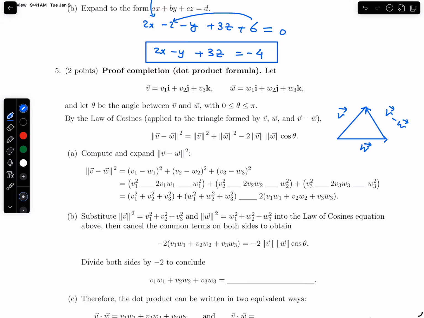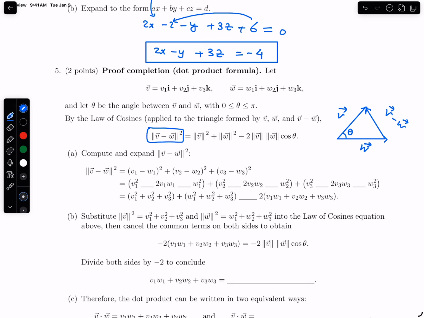So now if I'm taking this angle theta between these two, then the law of cosines says that the magnitude of v minus w squared, like this one squared, is the magnitude of this one squared plus this one squared minus 2 times the magnitude of both multiplied by cosine theta.